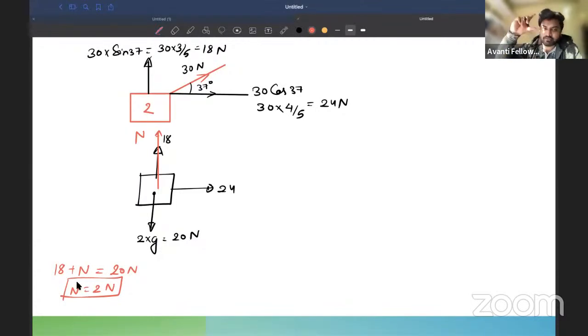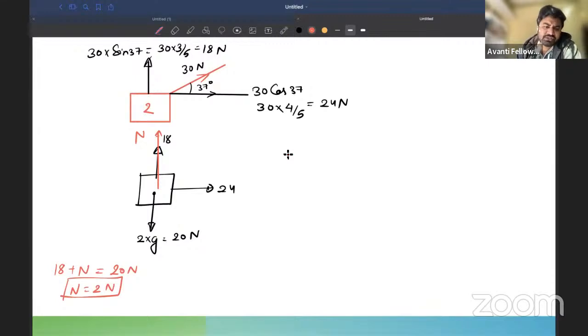Okay. सारे ऊपर वाले forces, all the upper forces, that is 18 plus n. All the down forces, that is 20. I have equated, I got normal as 2n. Normal क्यों निकाल रहे हैं? Because when we find normal, then only we can get the frictional force. है ना? So normal is this much, and 24 is acting in the horizontal direction.